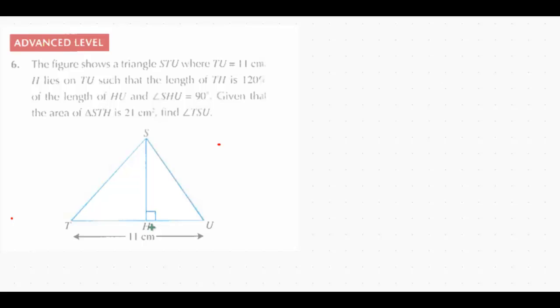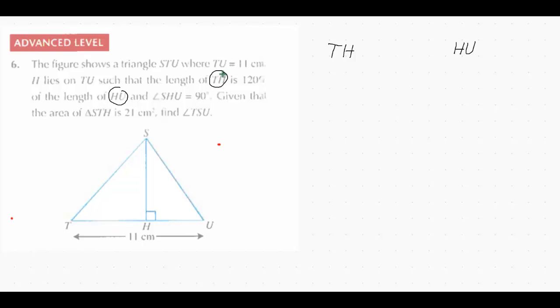This TH is 120% of HU, of this HU. So this is the comparison of length TH and HU.